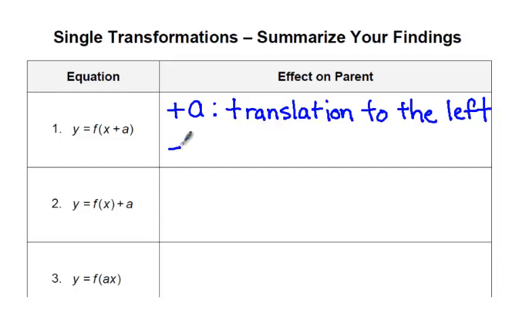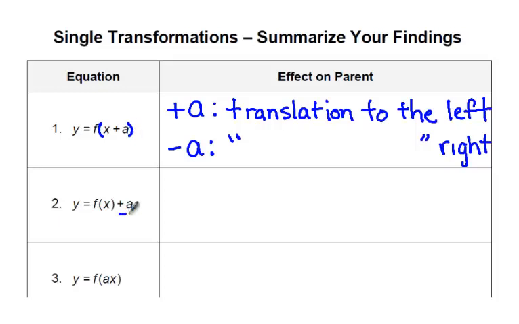If it is a negative a, it is a translation to the right. Okay? So a lot of times we would think, well, it's a plus a, so it's going to move to the right or in a positive direction. But anytime it is inside the parentheses, it does the opposite of what we think it's going to do.